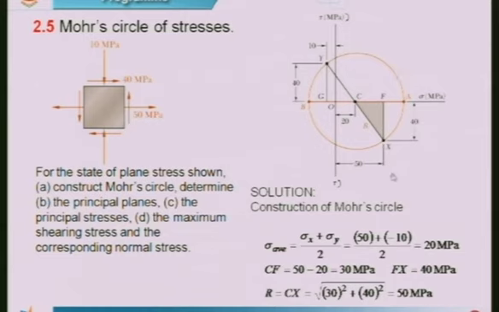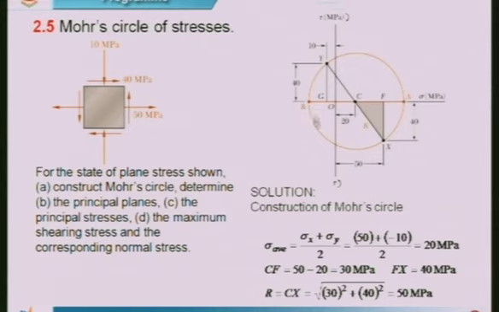Now this circle would cut the X axis at 2 points. One is at point A, the other one is at point B. Now if I measure the distance of A from the origin O, OA gives me the principal stress which is positive, and OB gives me the minimum principal stress which is negative.